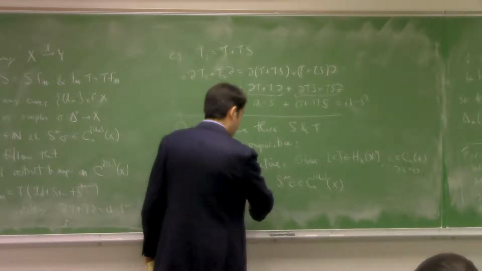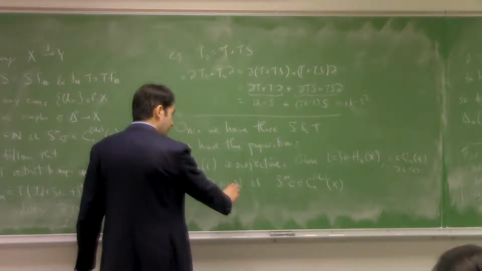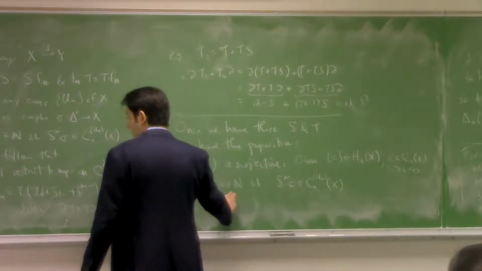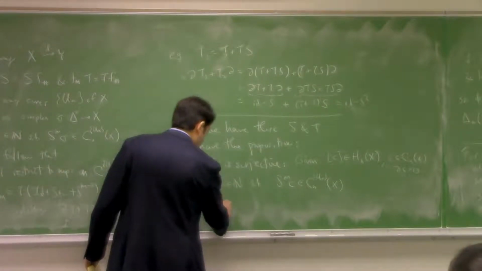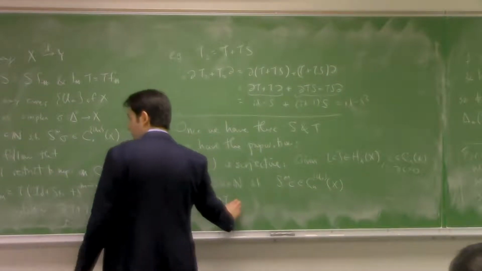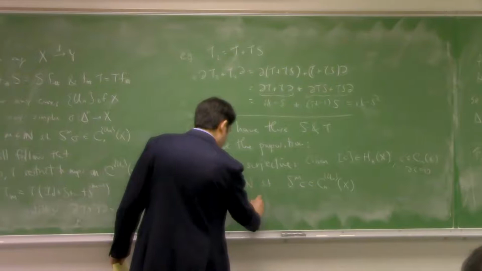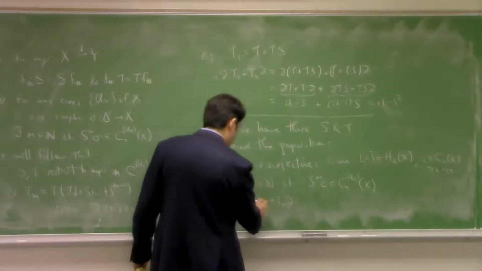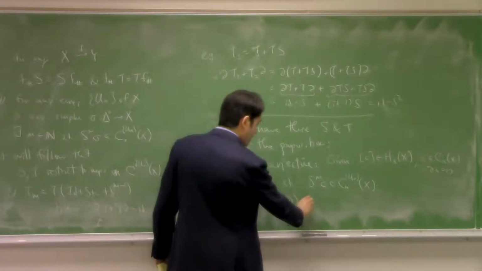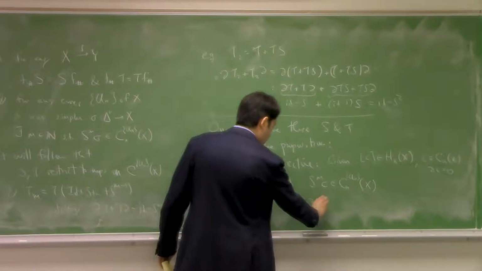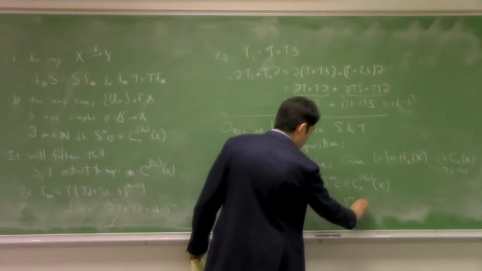So I need to know that this represents this class. I apply, so we know that boundary Tm, put the m on the bottom, plus Tm boundary of C is equal to C minus SmC.